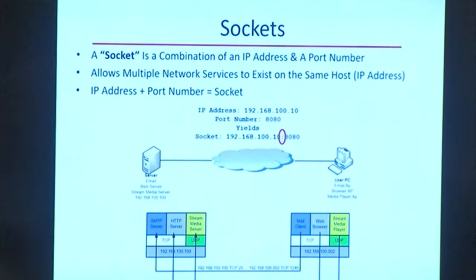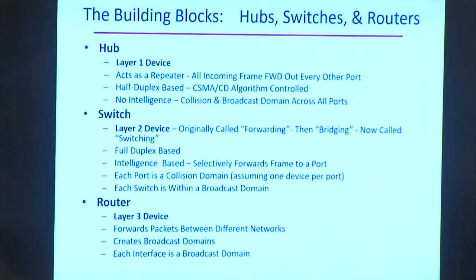And of course, this again is the way that applications are indexed, with multiple applications executing on a host device. So how does the data get to the right application? That is done by the port number.